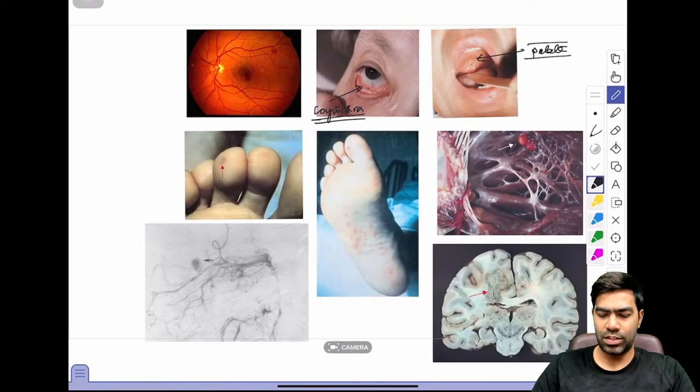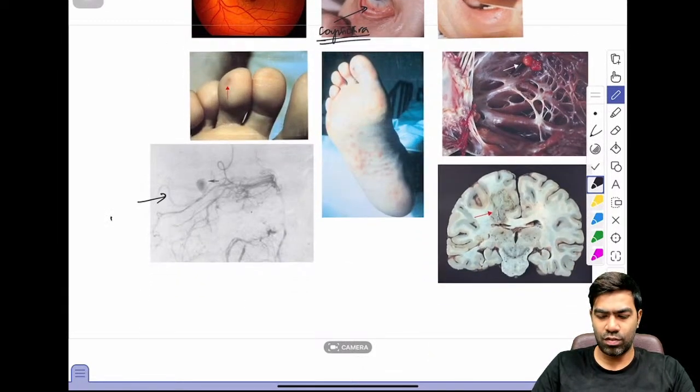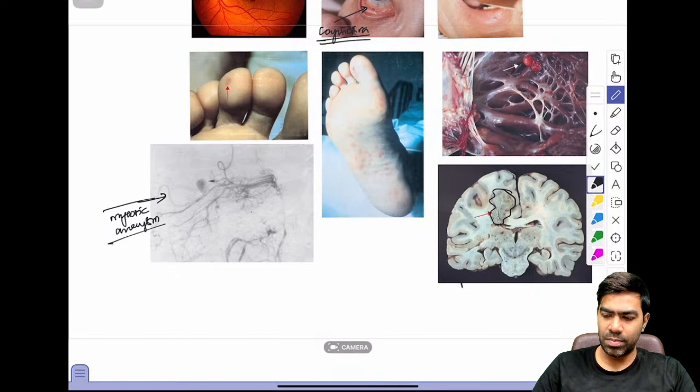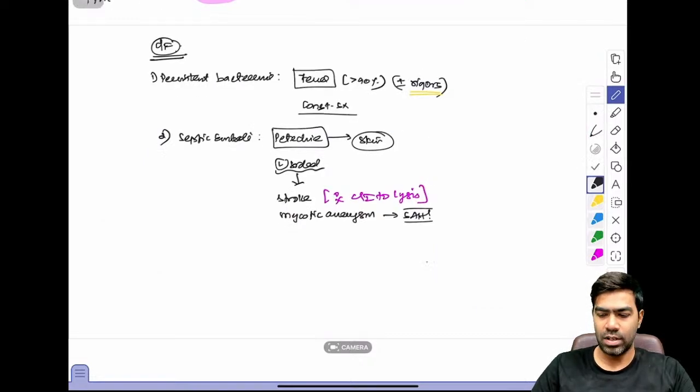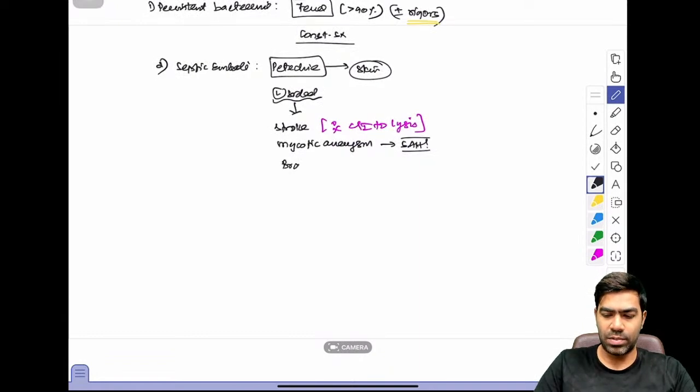Apart from that, this is an image that shows a mycotic aneurysm happening in a patient with infective endocarditis. And this is an autopsy image, a gross image obtained after the death of the patient, that clearly shows that the patient has a brain abscess because of infective endocarditis, one of the important complications that happen in these patients. So subarachnoid hemorrhage, and I can write brain abscess, which is again due to septic emboli.